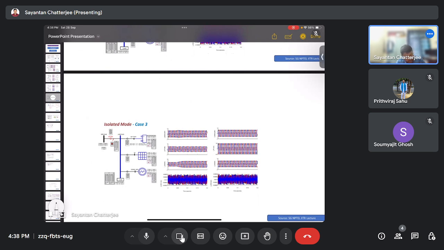And this is the case for switching. The transients can be observed, and this is the steady state.